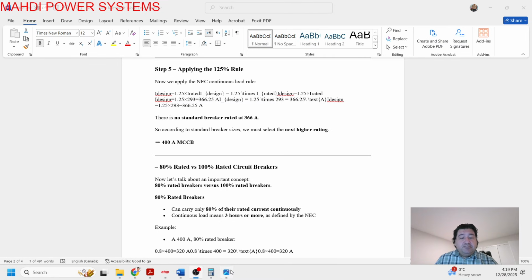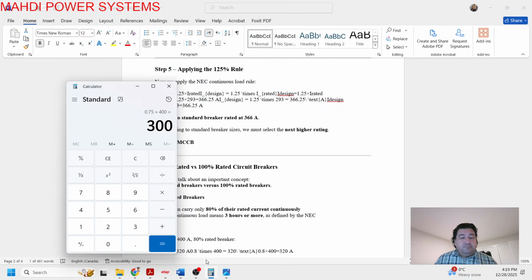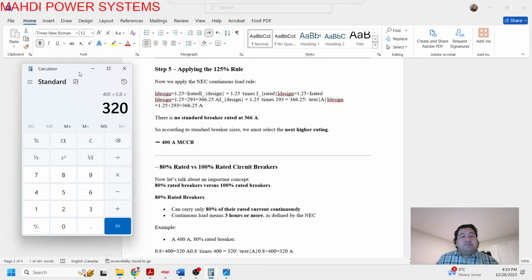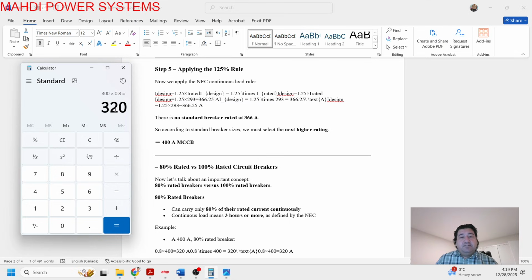It means, let's see, 400 multiplied by 80%. That means our breaker can handle 320 amp continuously according to the NEC standard.